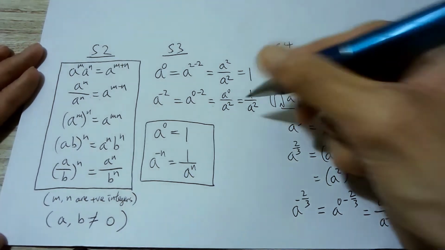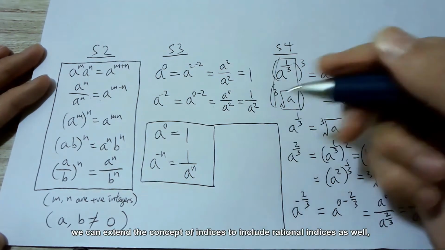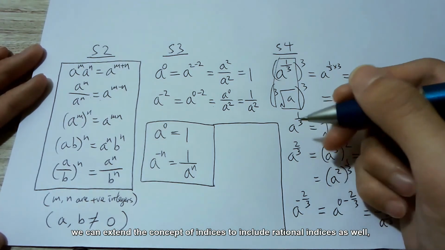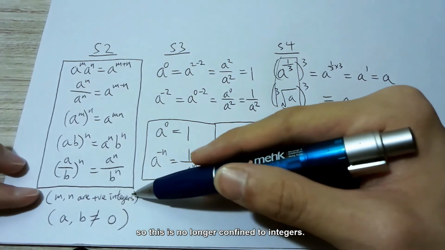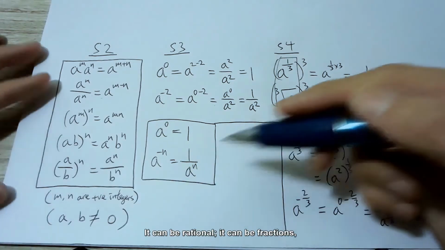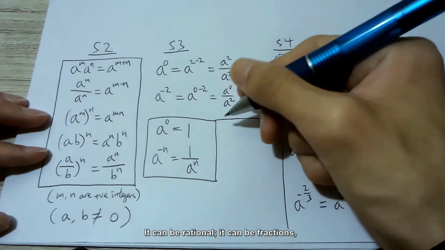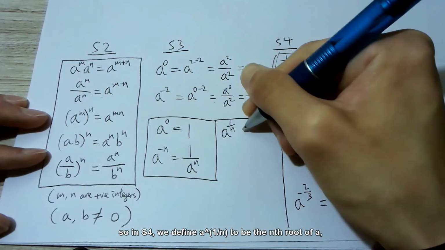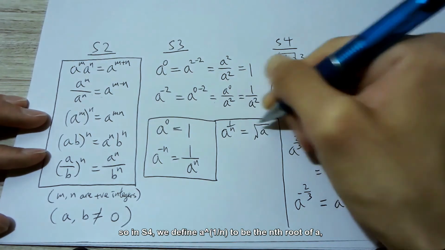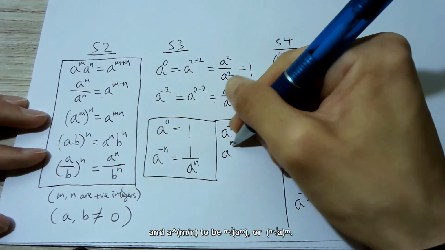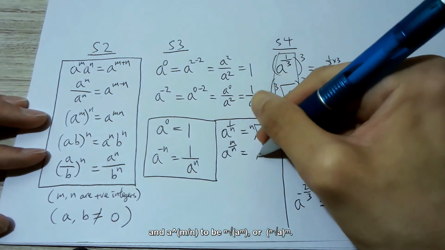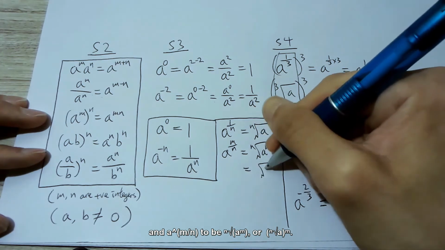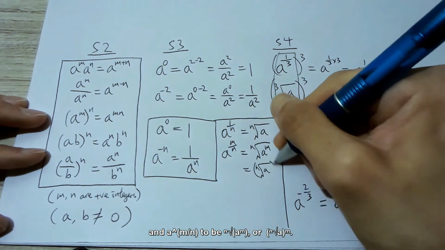So in S4, we can extend the concept of indices to include rational indices as well. So this is no longer confined to integers. It can be rational, it can be fractions. So in S4, we define a to the power 1 over n to be the nth root of a, and a to the power m over n to be the nth root of a to the power m, or the nth root of a and then power m.